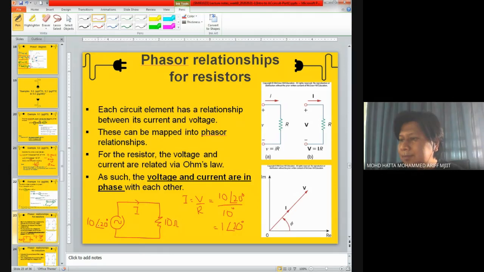So that's why the voltage and current are in phase with each other.